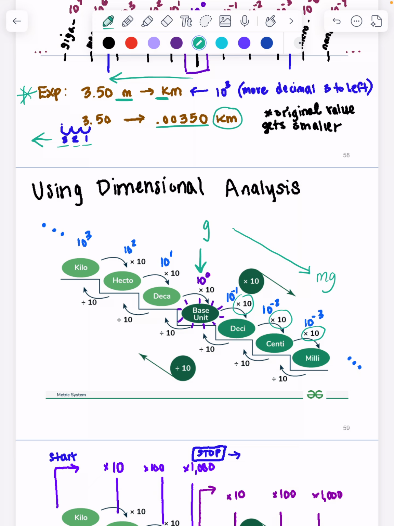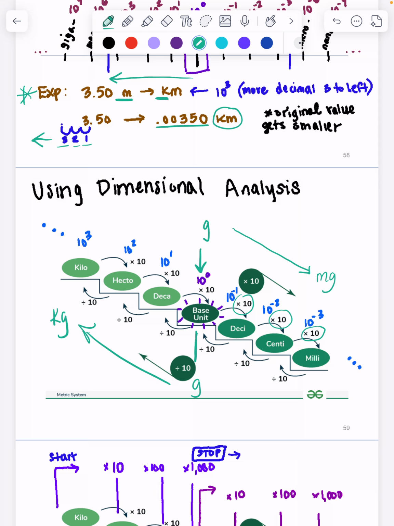It's the same thing as saying, I'm going to move my decimal 3 to the right to make that value bigger. You can do the same thing by multiplying. And it's the same the other way. If we're starting at grams and we need to go up to kilograms, we know that we could either move our decimal to the left and make that original value get smaller.